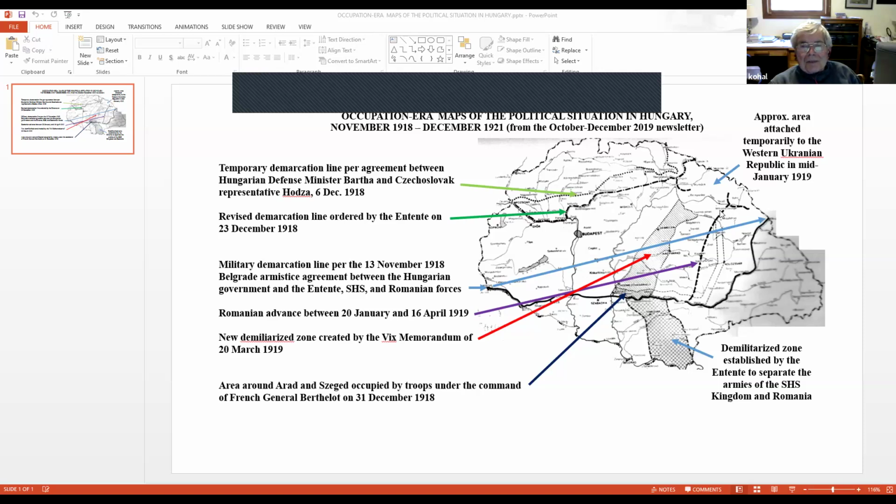There were certain villages around the Tisa River between Romania and Czechoslovakia that changed hands between the two countries, and there are scarce philatelic artifacts for that. So basically, that's it. Turn it over to questions if anybody wants.